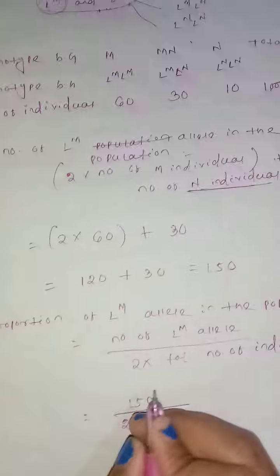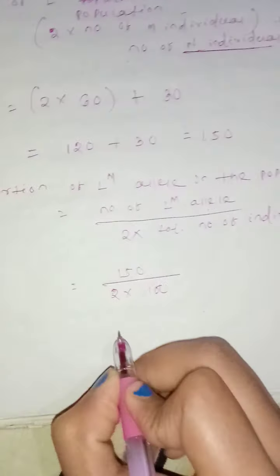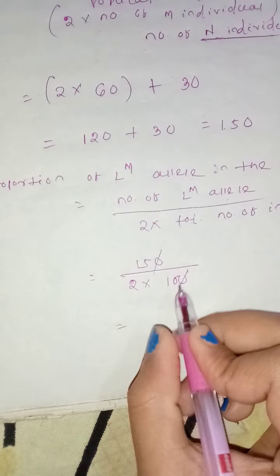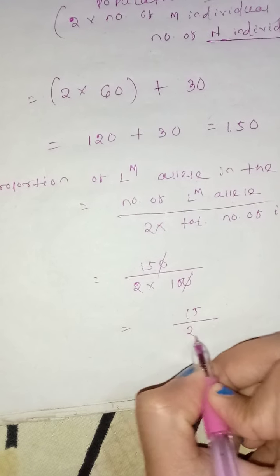I already told you the total number of individuals is 100. So 150 by 2 into 100, the 0 is cancelled, giving 15 by 20.